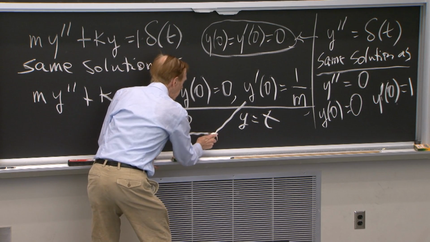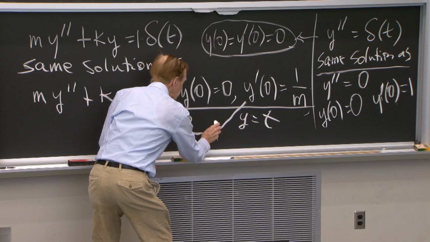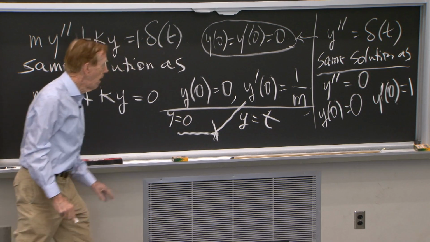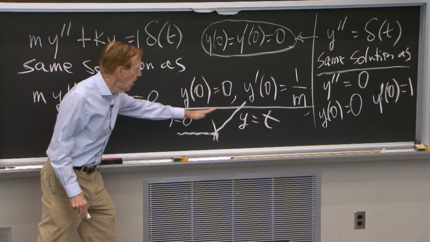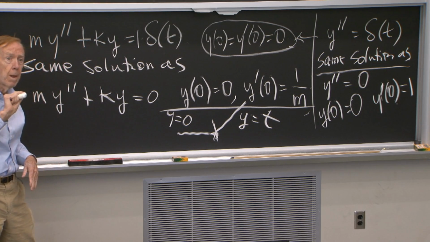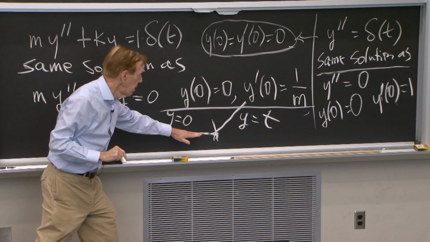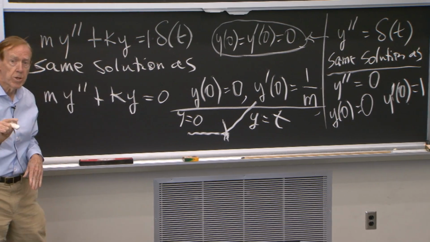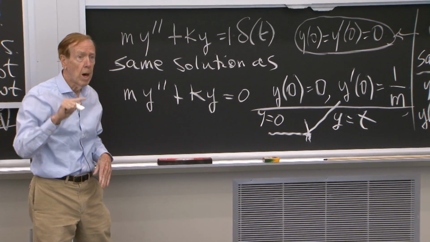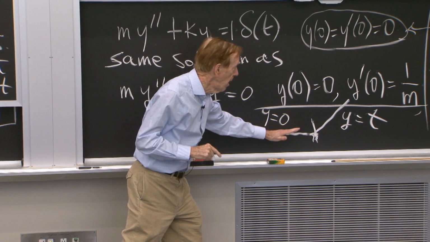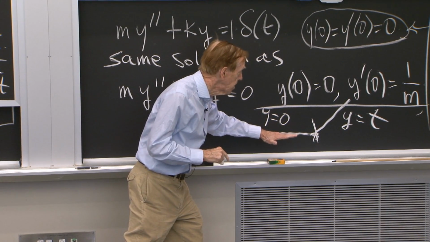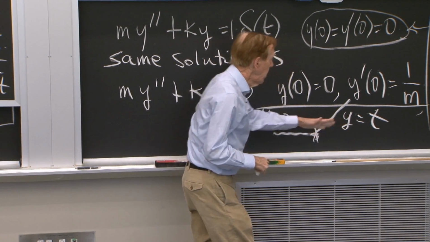At that point, t equals 0, it gets a slope. Don't have a step function. There's no jump in y. The jump is in y prime. The velocity jumped from 0 to 1.